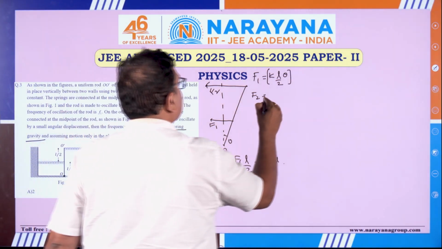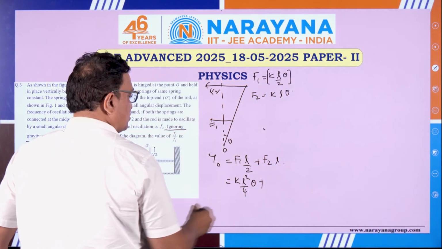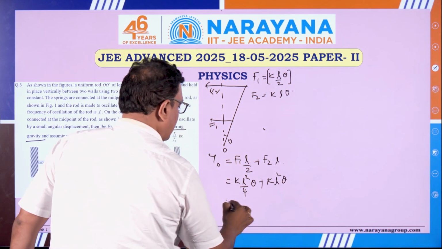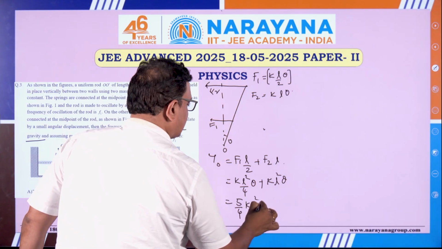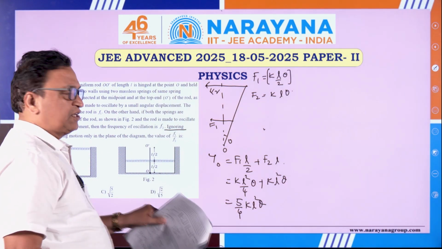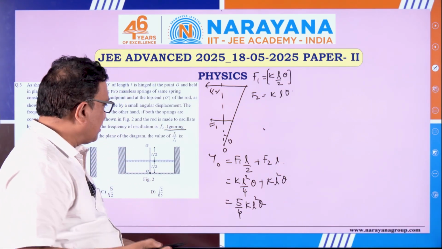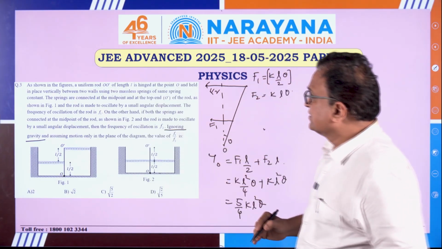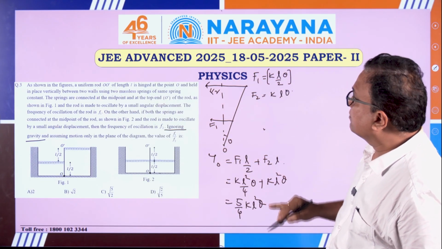So the force is K L theta. So therefore this will become K L square theta. Finally this will become 5 by 4 K L square theta. That is a torque. Here, torque is proportional to theta. In this case, the force constant term is what we have obtained, torque.